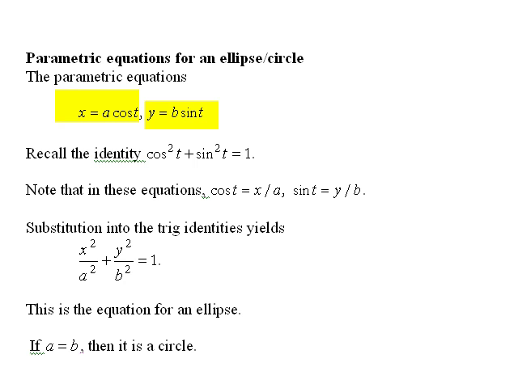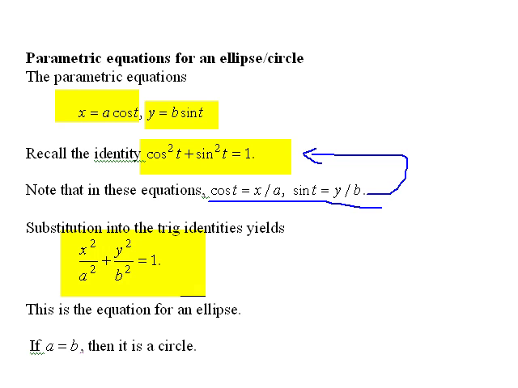Now, to change these into the Cartesian form, I'm going to use the Pythagorean theorem for trig functions, which is cosine squared plus sine squared equals 1. If I look at these original equations, I can rewrite them in terms of cosine and sine, and that's done right here. Then if I substitute these into that Pythagorean equation, I get x squared over a squared plus y squared over b squared equals 1, which is the equation for an ellipse.